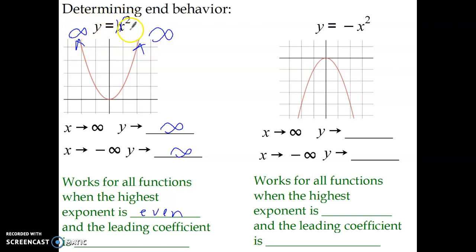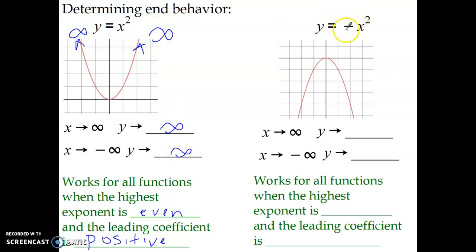We've already looked at that as we did our graphing. So I'm going to put right here that the leading coefficient is positive. So no matter how high that even exponent happens to be, no matter how crazy that positive coefficient is, as long as it's even and positive, it's going to go up just like a parabola, just like what you're already used to. And so it's going to be positive infinity on both of them.